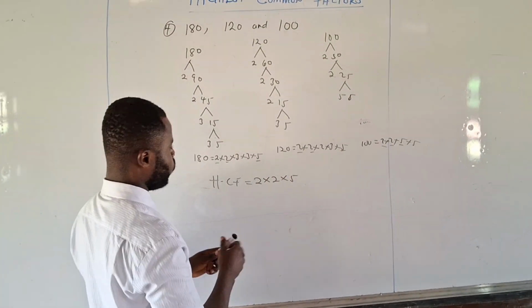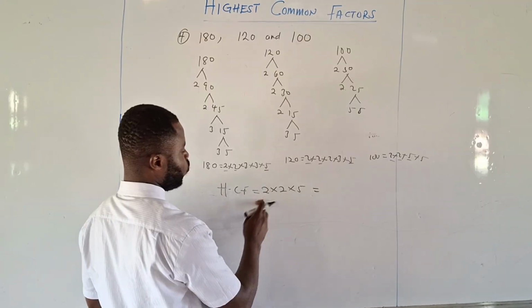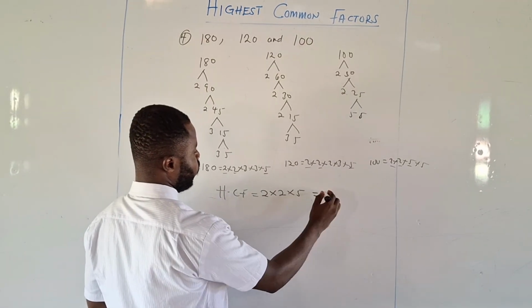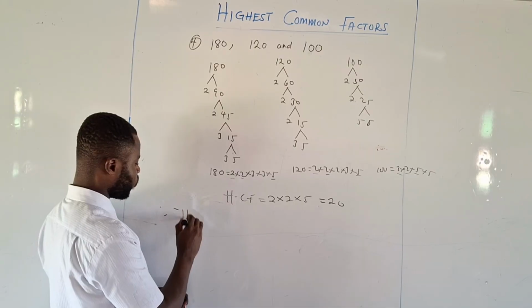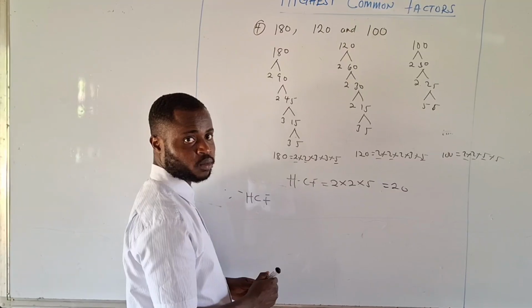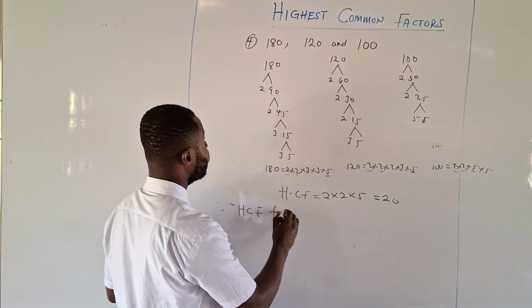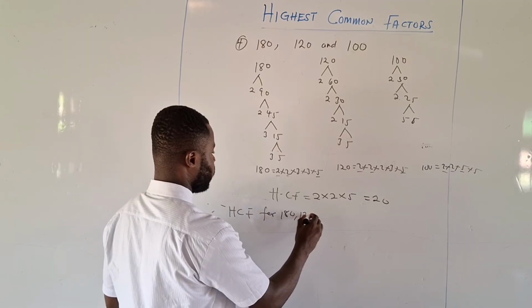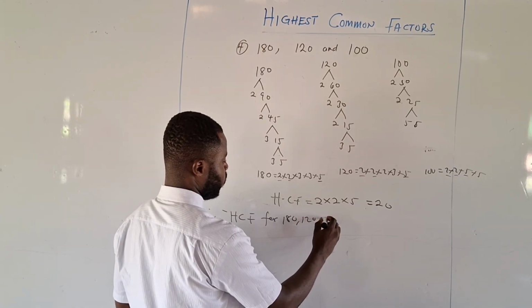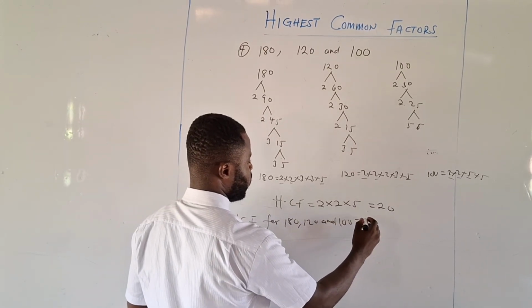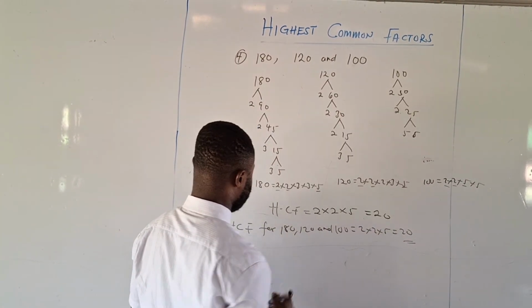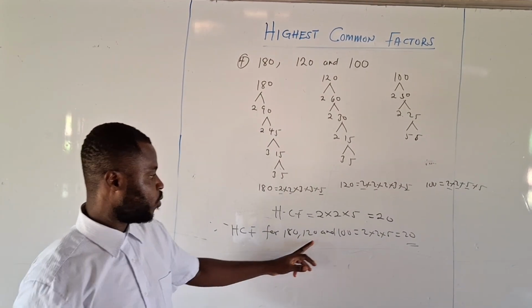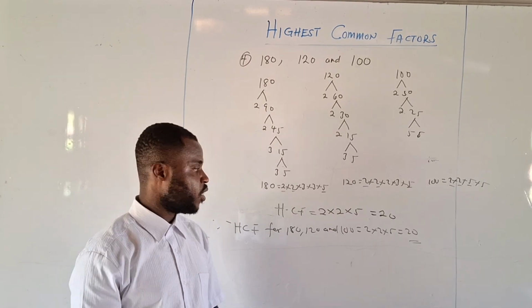So only 1 is common, so we write it. So 2 times 2 is 4, 4 times 5 is 20. Therefore we can conclude that the HCF for 180, 120, and 100 is 2 times 2 times 5, which is 20.